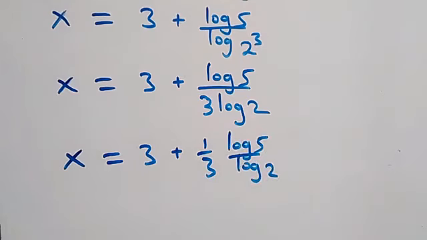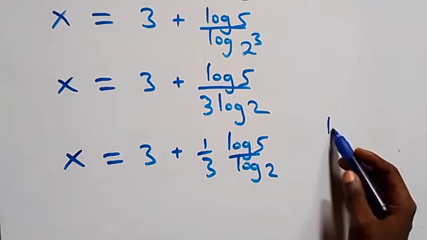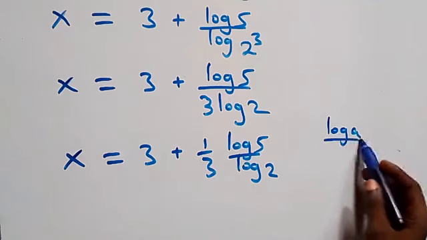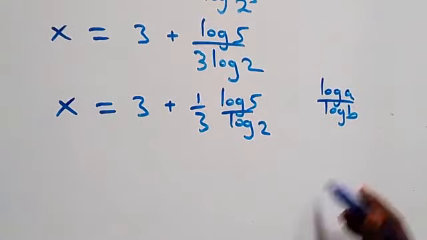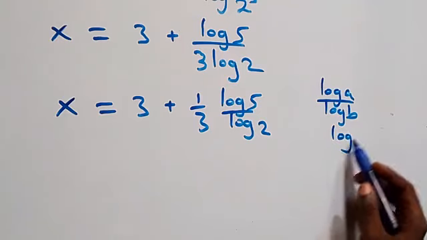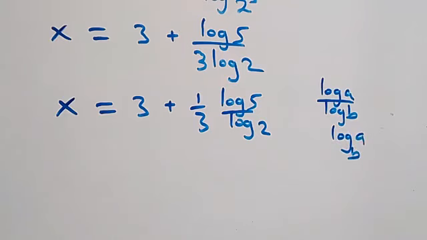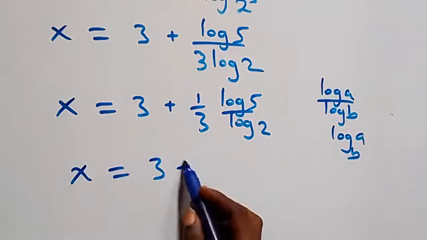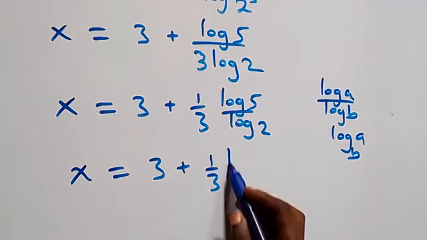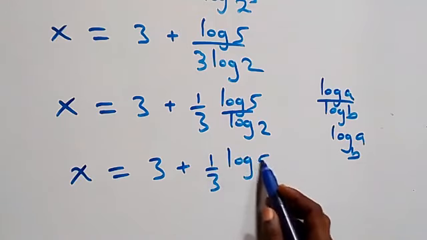And when we apply change of base here, from when we have log a over log b, which can be written as log a to base b, then what we have here becomes x equals 3 plus 1 over 3 log 5 to base 2.